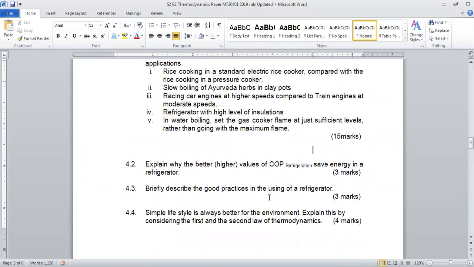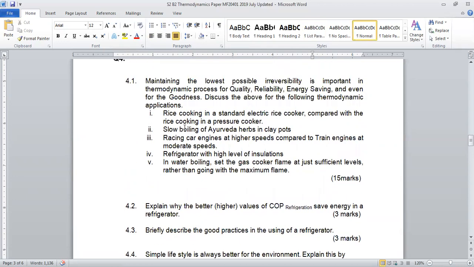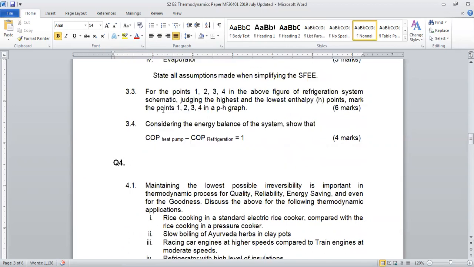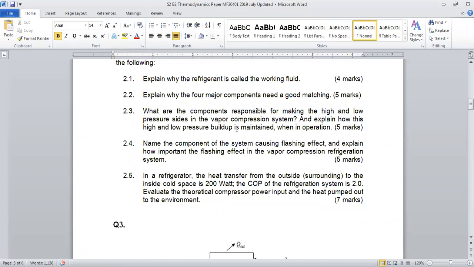So, good practices in the using of refrigerators. So you have to connect this knowledge with the technology and theory. Simple lifestyle with second law. Second law means your knowledge about entropy. That's it. So you can see some simple questions.